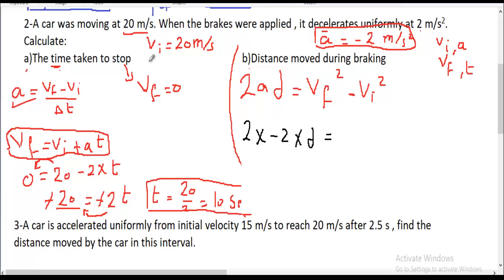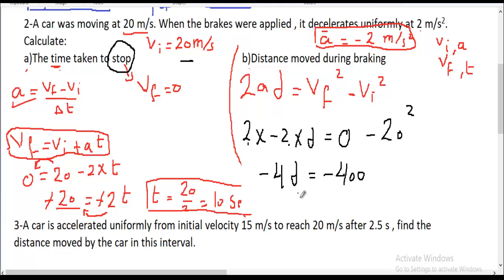Vf is 0 because here it says that the car stopped. 0 minus Vi squared, which is 20 squared. 2 times -2 equals -4d equals 20 squared, which is 400, and we have a negative sign, so it is -400. So displacement equals -400 divided by -4, which is 100 meter.